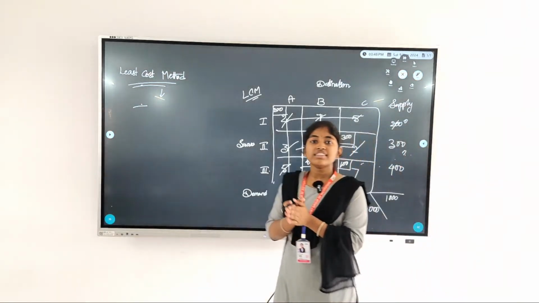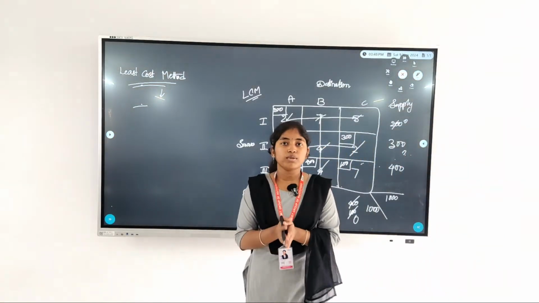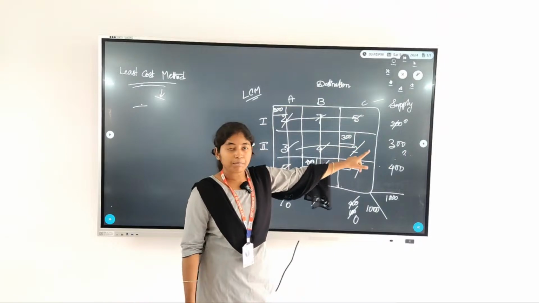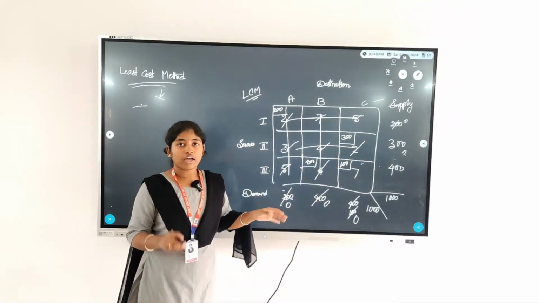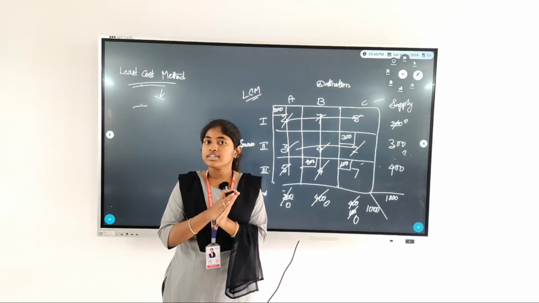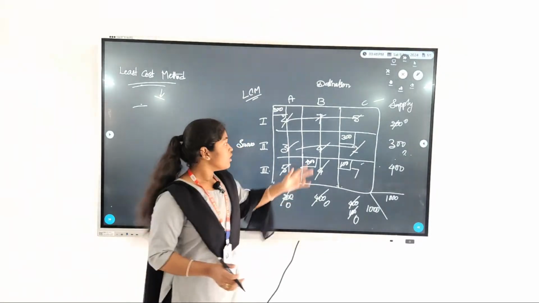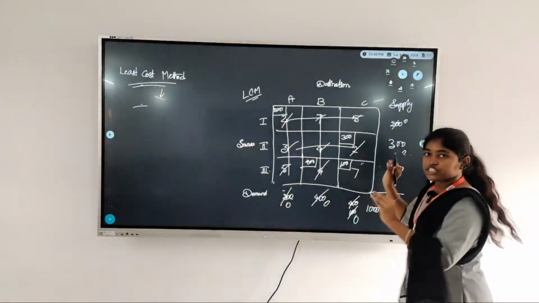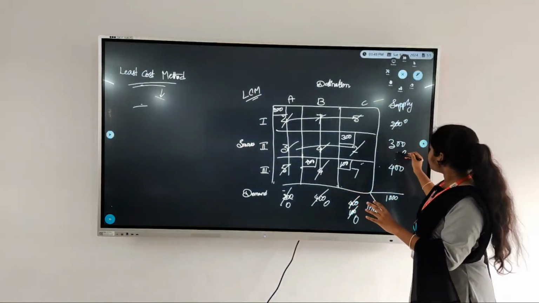We define an unbalanced problem as one where the supply and the demand are not equal. Here I changed one supply, so it is 200, 300 and 400.